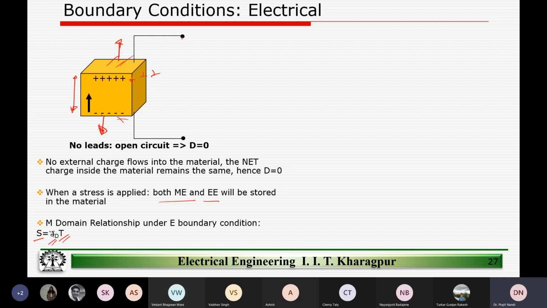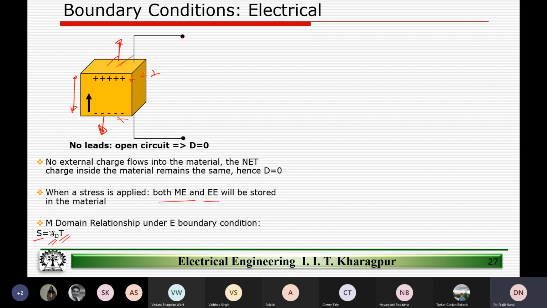We have discussed S^E in the previous slide. Now we are discussing S^D, right? So they are not the same. What happens is, when we are stretching, we will have to apply a force, make an effort to stretch it, right? And the opposing forces that will appear in the material will be because of two reasons. One is the mechanical structure of the material itself, and second, the charges that are developing.